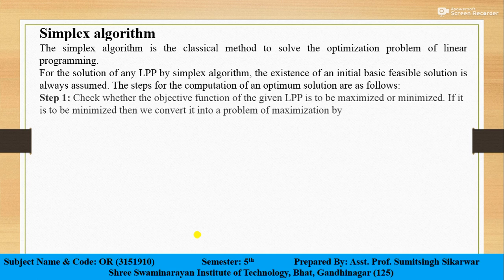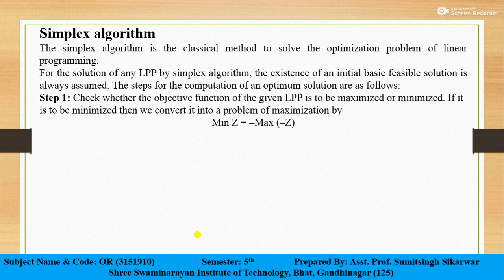Our first step is to check whether the objective function is to be maximized or minimized. If it is to be maximized, then we need to convert it into a minimization problem, which can be written as minimization of z equals minus of maximization of minus z.